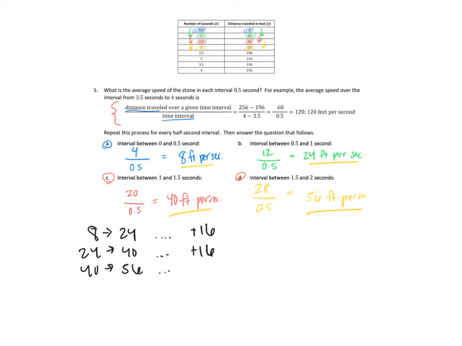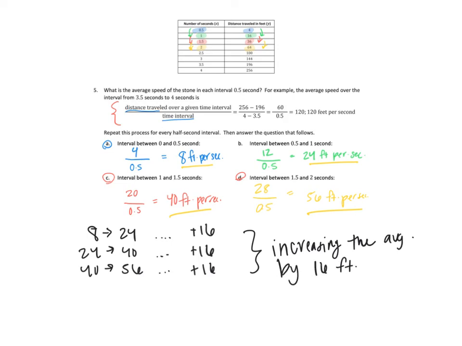To go from 40 to 56, we increase by 16. So we're increasing the average by 16 feet each interval. All right?